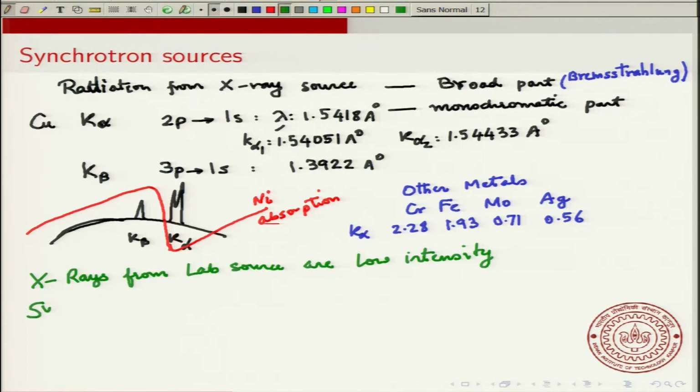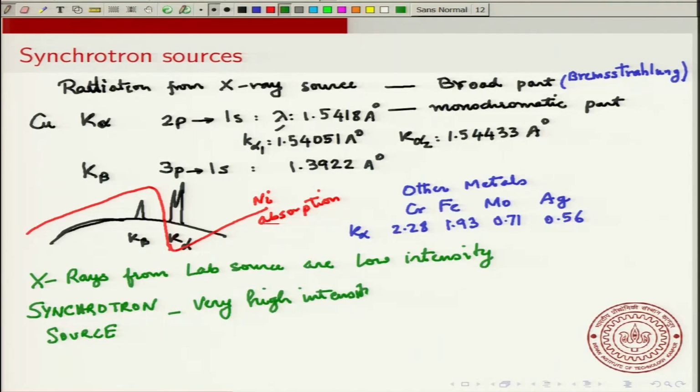So, a synchrotron source is a high intensity source. This is very high intensity. And highly parallel.